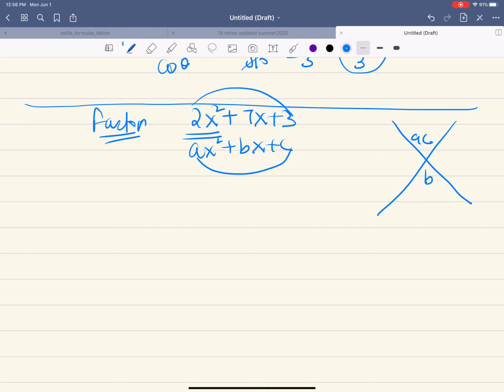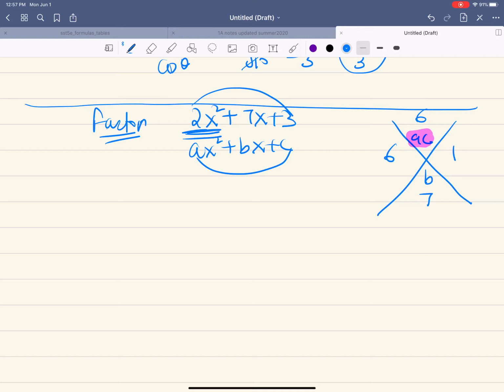A times c here is 2 times 3, which is 6. b is 7. I'm looking for two numbers that multiply to give me 6 and add up to give me 7. They're 6 and 1. No worry about making any of these negative because they both work out fine. They multiply to positive 6. They add up to positive 7.